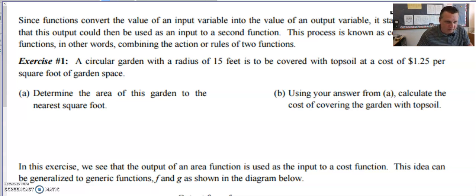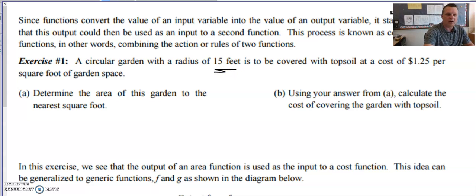So exercise 1: a circular garden with a radius of 15 feet is to be covered with topsoil at a cost of $1.25 per square foot of garden space. Part A, determine the area of this garden to the nearest square foot. So we take our 15 feet, that's the radius.